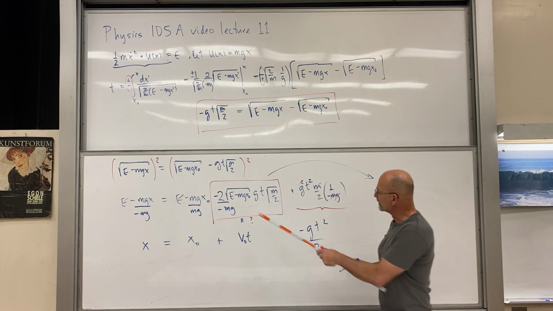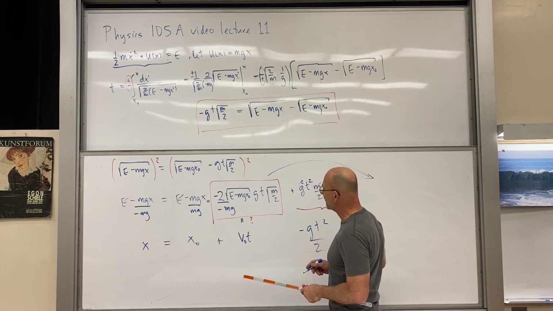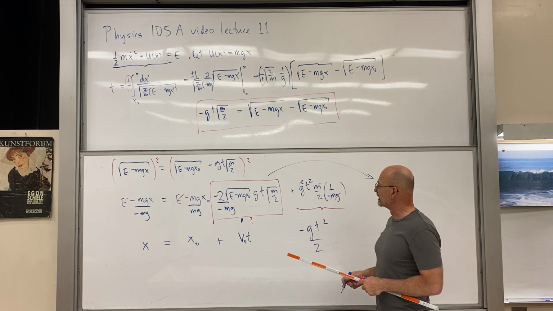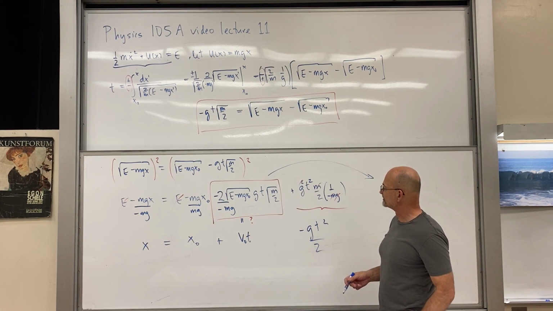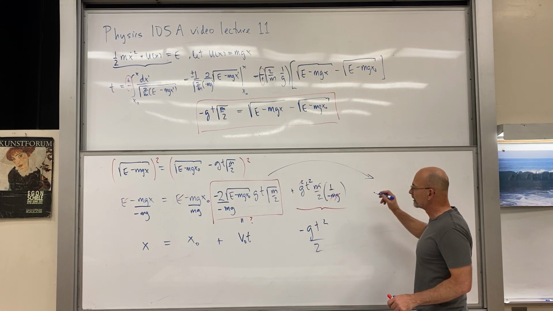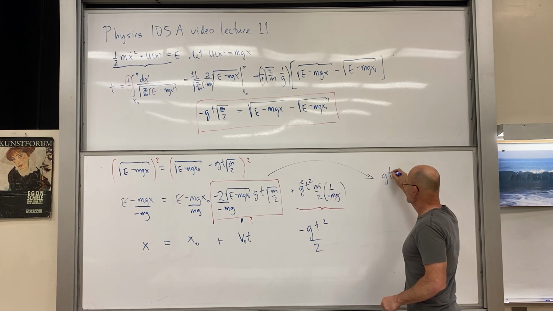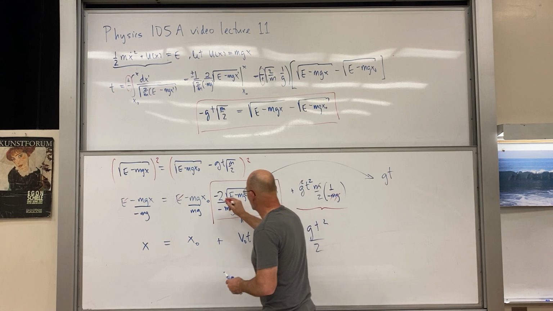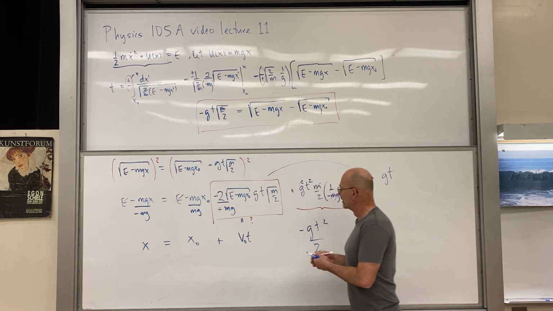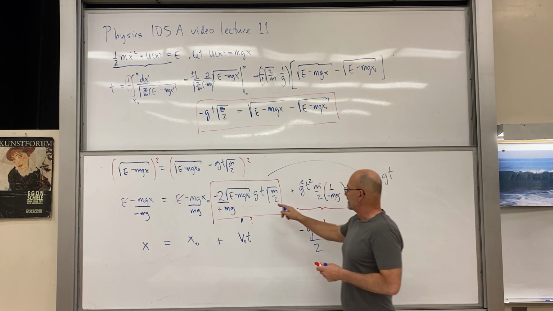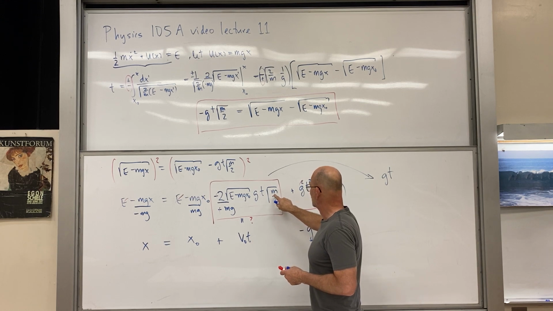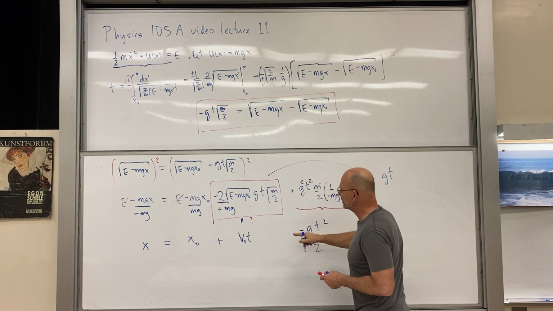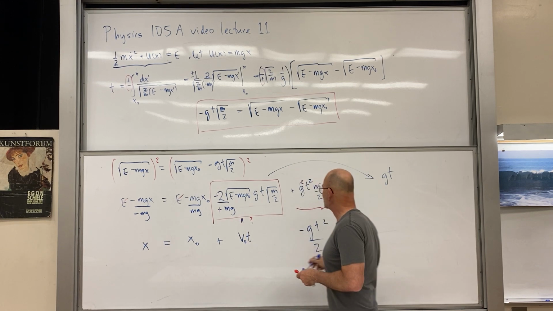Let's see what we have here. The minus signs are going to cancel. I'll say something about that later on as well. So let's see what we have here. We have gt, minus signs have already gone away. We have gt root m over m, got a 2 and a 2.